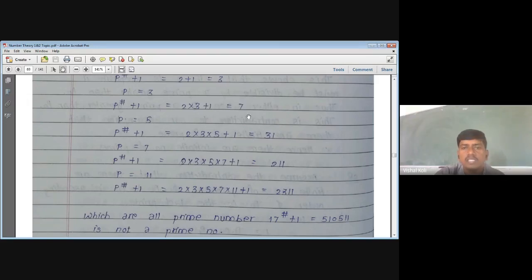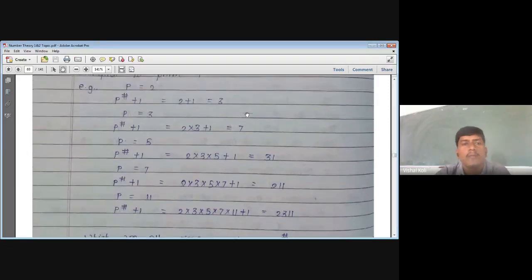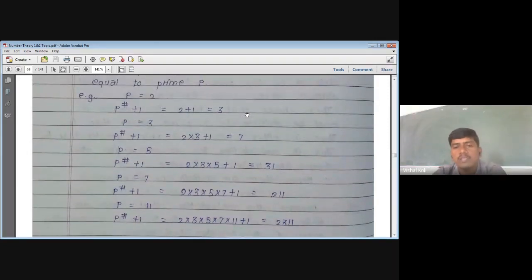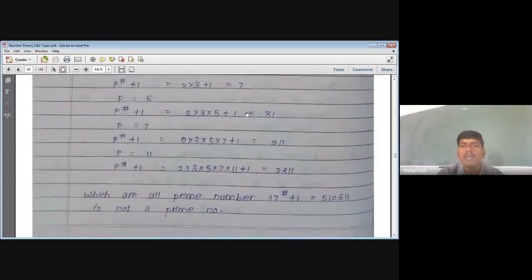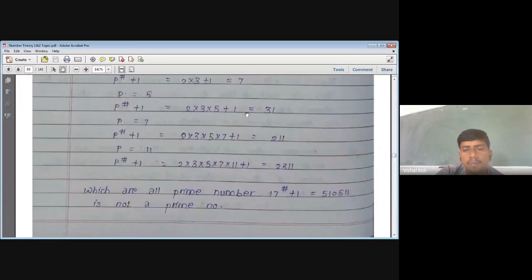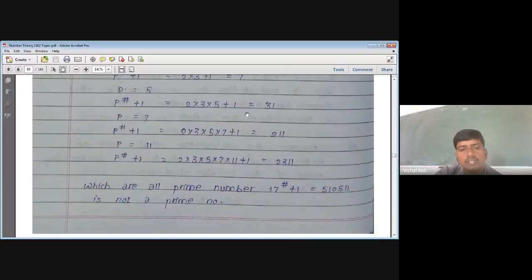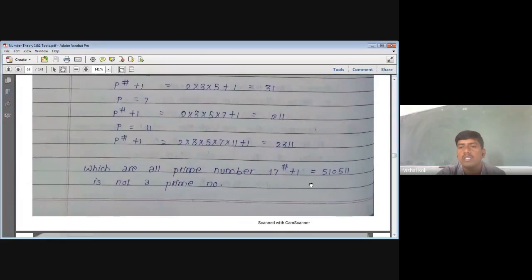Now here 3, 7 and 31 are prime numbers. From this we have to check whether a Euclidean number is always a prime number or not. Up to the prime number 13 we get prime numbers, but if we take p equal to 17, then 17 hash plus 1 is equal to 510511, and this is a composite number.